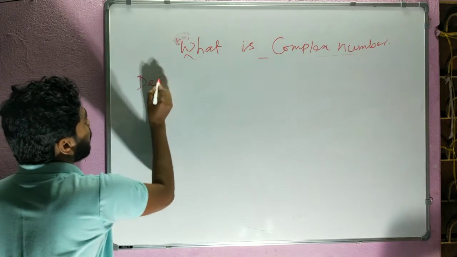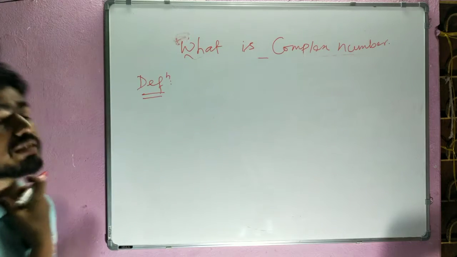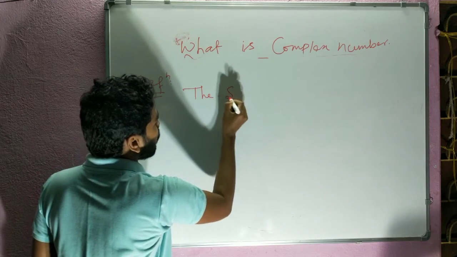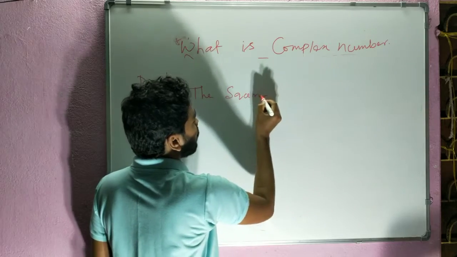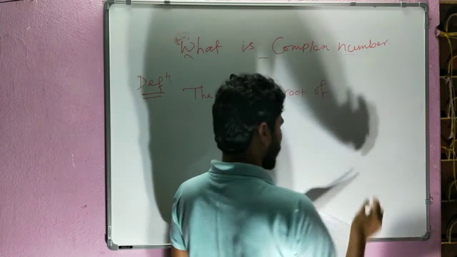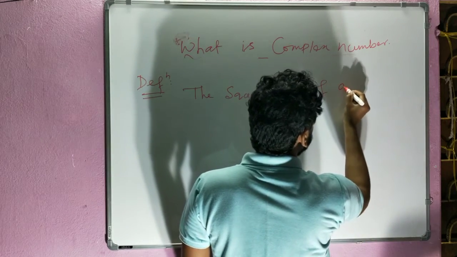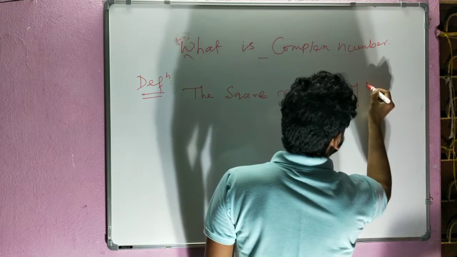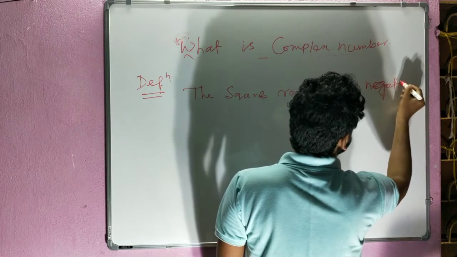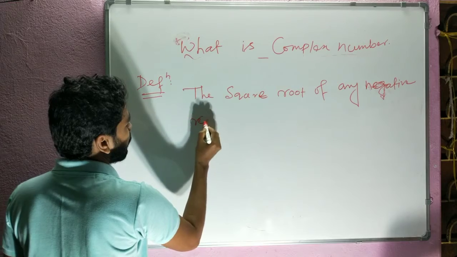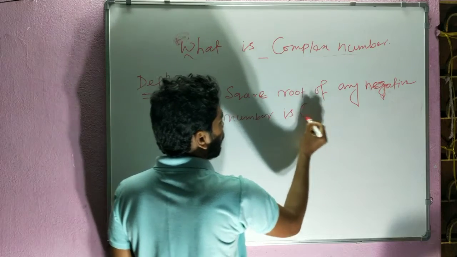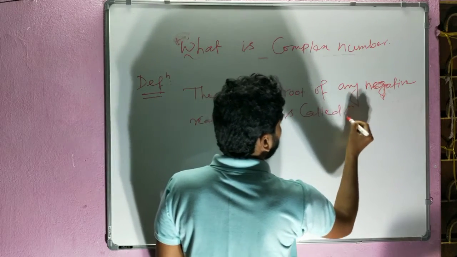Next, the definition of a complex number. What is a complex number? Definition: the square root of any negative real number is called a complex number.